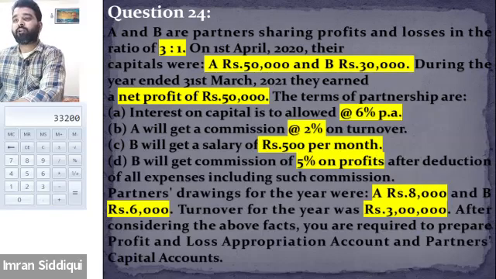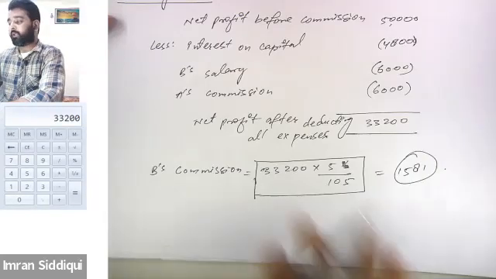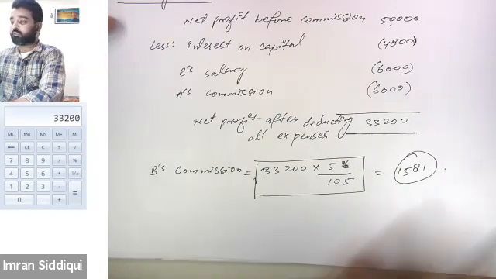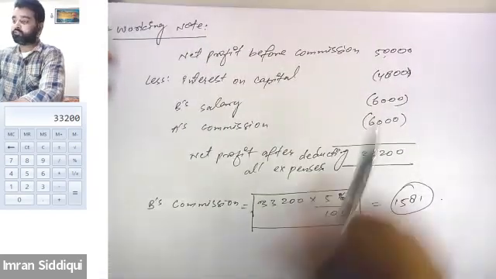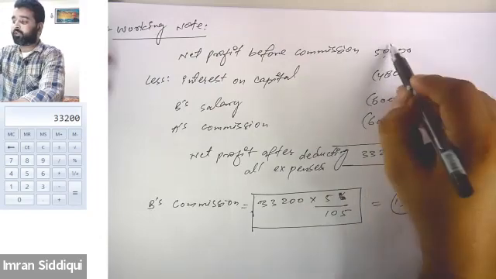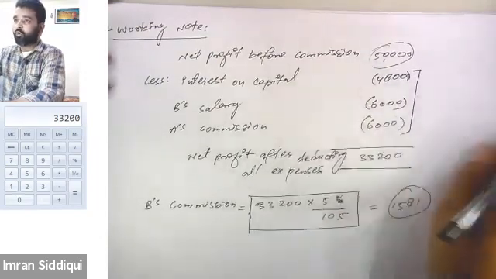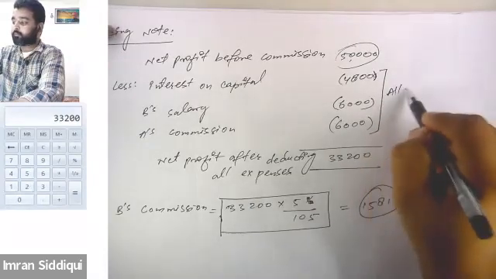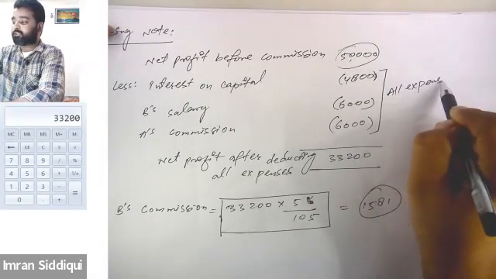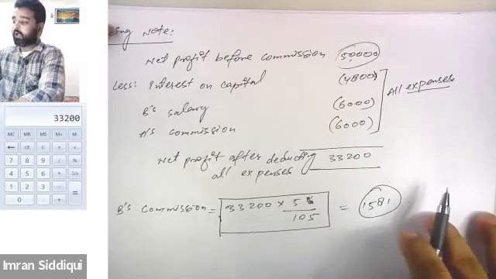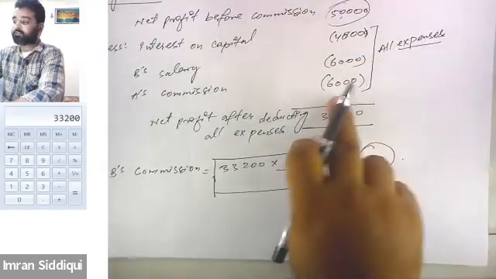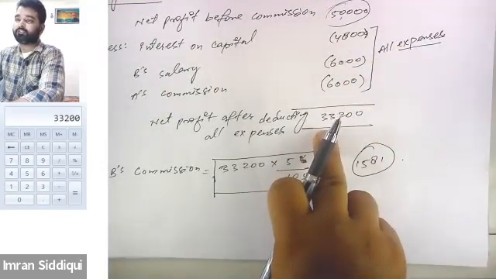Whenever the question says that we need to give commission after subtracting such commission also, only in that situation we apply this method. Anyways, first of all, we write down the amount of profit. Then we subtracted all expenses. After subtracting all the expenses, we got the net profit as 33,200.